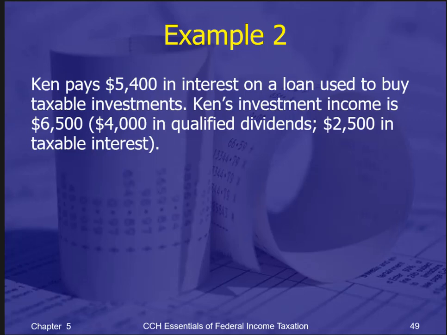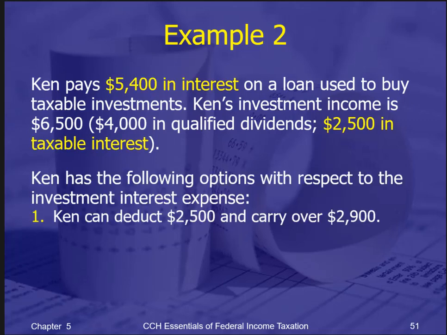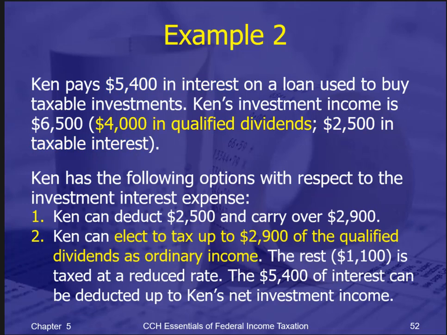Example 2, in this case, we paid $5,400 in interest, and our income is $6,500, but we have some of it as taxable interest and some as qualified dividends. They have two options. You can deduct $2,500, just the amount of the taxable interest, and ignore the qualified dividends, or you can use the $2,900 of the qualified dividends as ordinary income, meaning we will not use the lower rate.